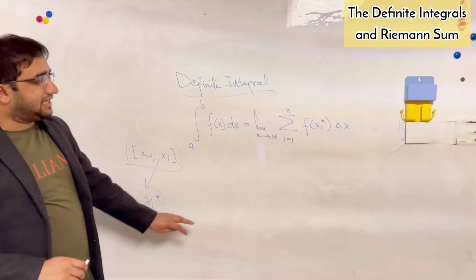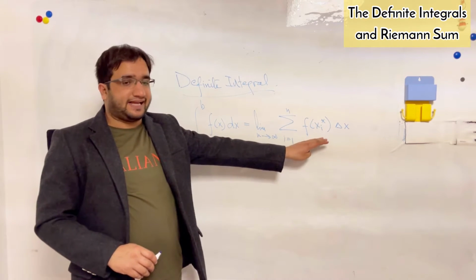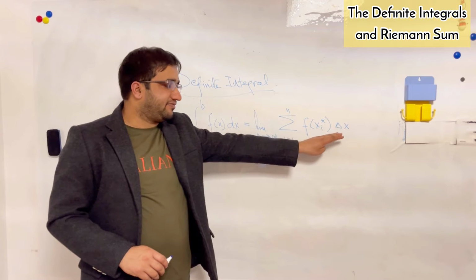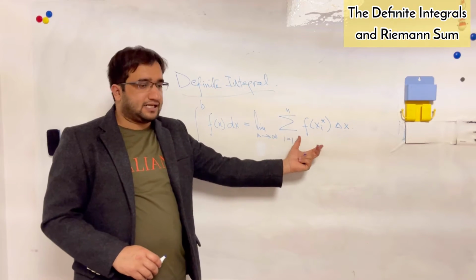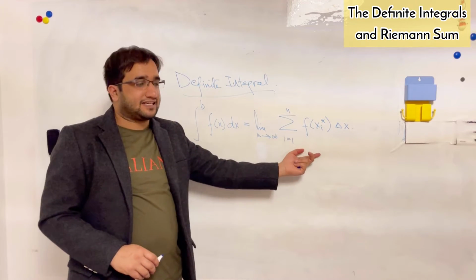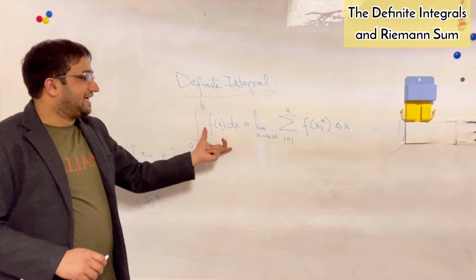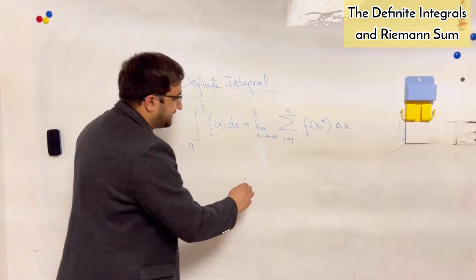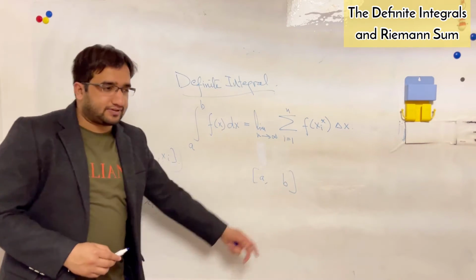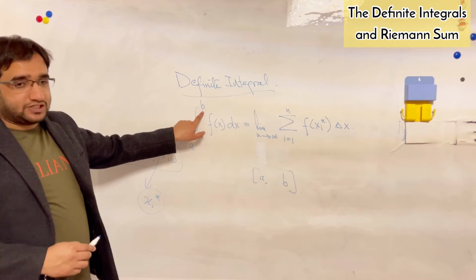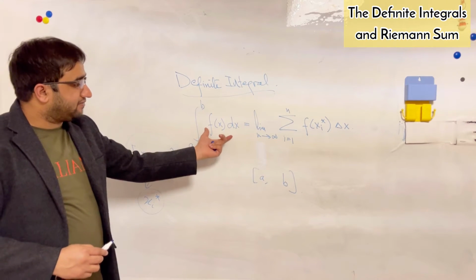So the value of the function at any xi star times the width of the interval, for all the intervals together, and applying the limit, is actually equal to the integral from a to b, the total interval, of the function.